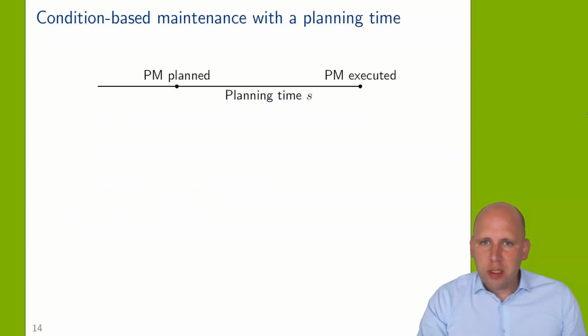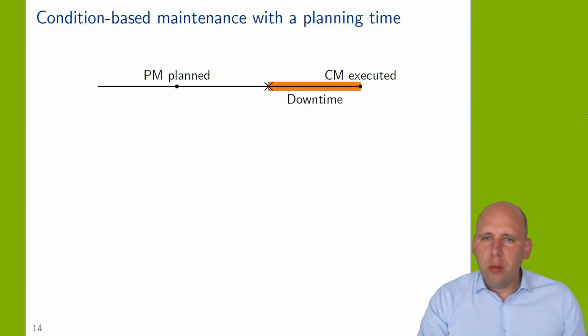When preventive maintenance is planned, that basically means that we then do a preventive maintenance action after a fixed planning time S. Then there's one complicating factor, and that is that failure can happen during the planning time. And because of that, we are going to distinguish two versions of the model. In the first version, we assume that we also need to wait until the end of the planning time for corrective maintenance.